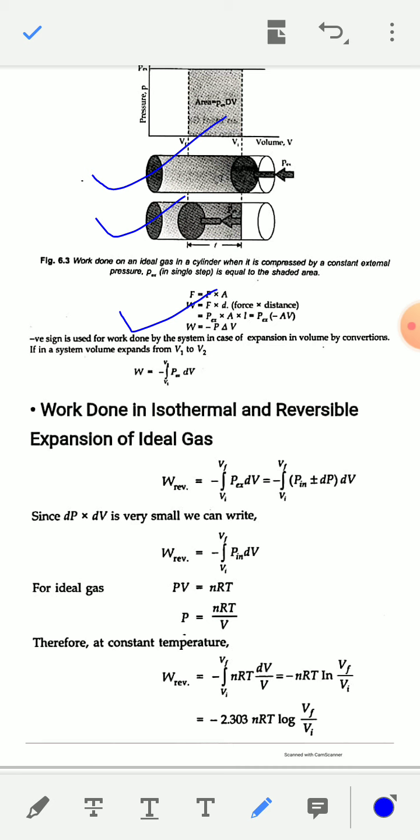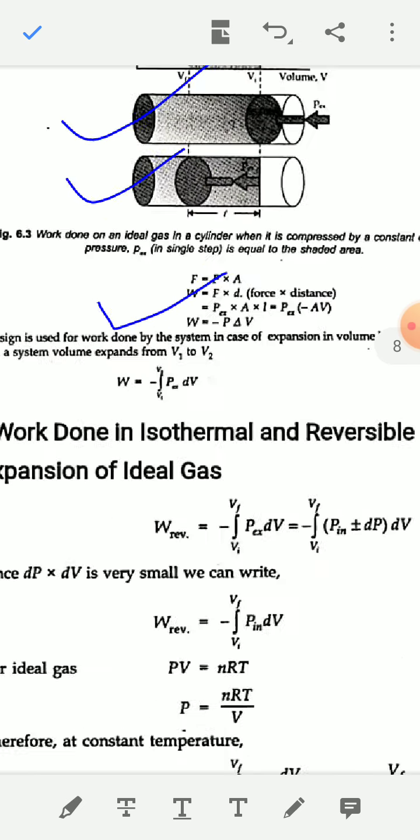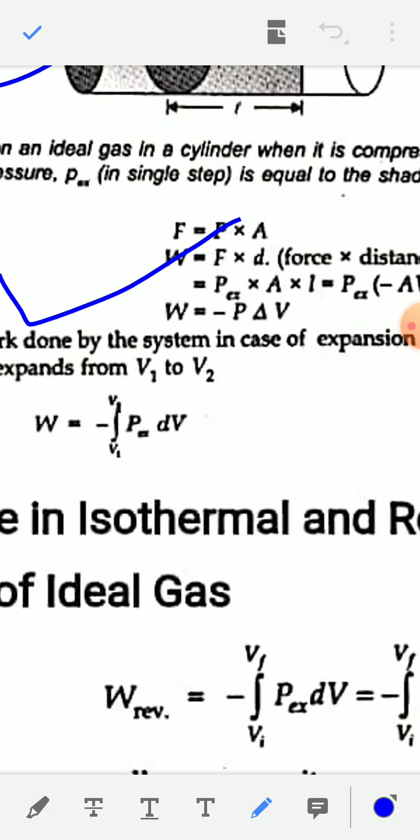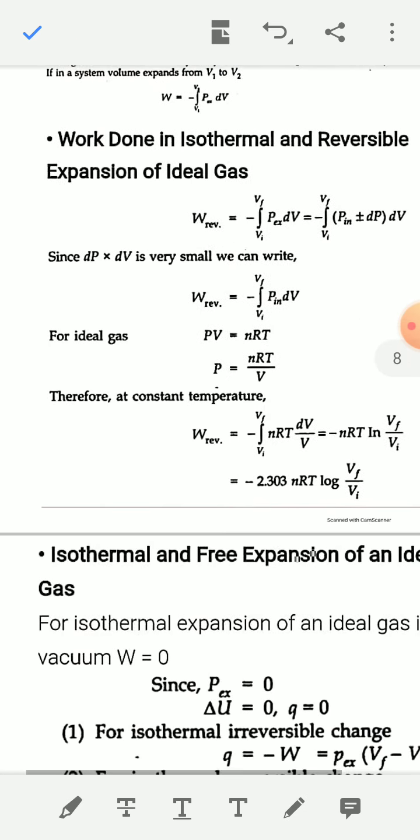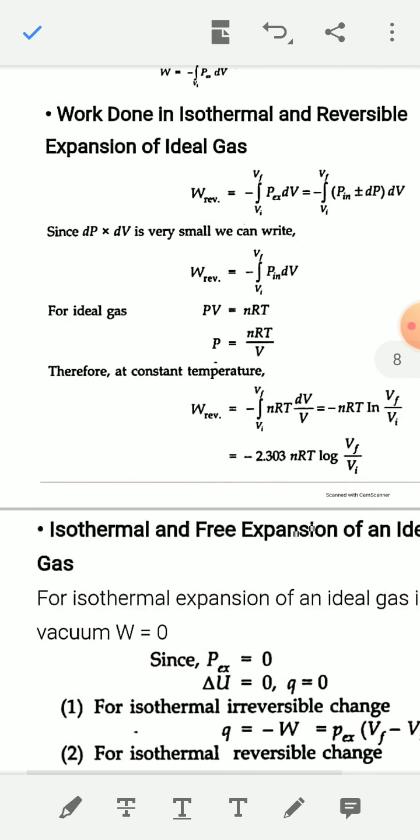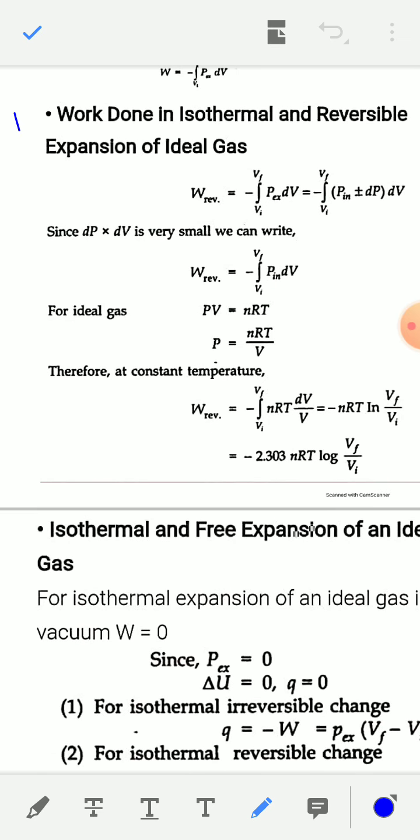W is equal to minus external pressure into volume change, minus P external into delta V. This is the mathematical expression for calculation of work done. So you have to remember this general expression of work done.